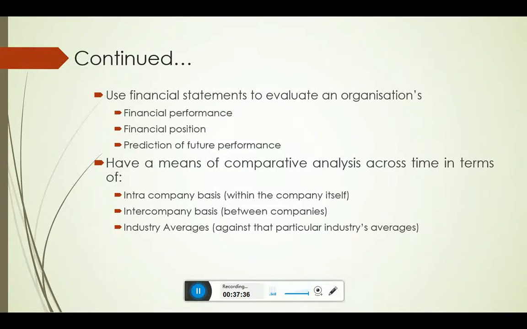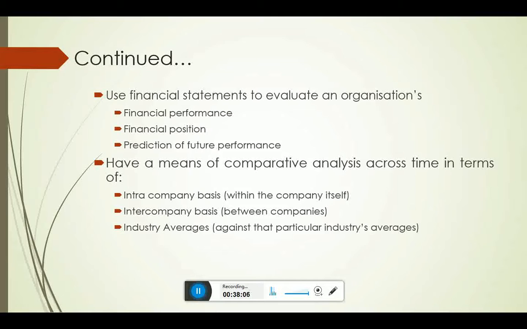Intra-company analysis is when we compare the performance of a company for different years. For example, we take 1 year as a base, and then compare other years with that base year. For example, we took 2015 as a base year, then we compared the performance of 2016 with 2015, again 2017 with 2015, 2018 with 2015, 2019 with 2015, and 2020 with 2015.